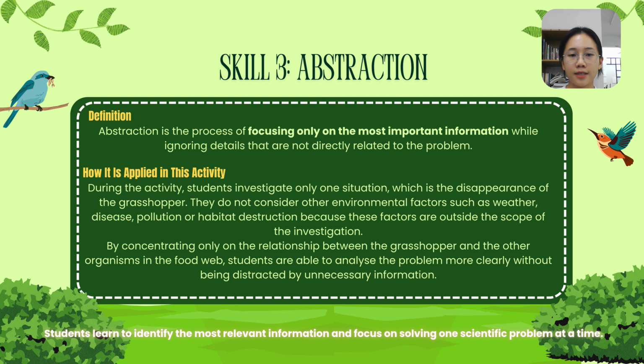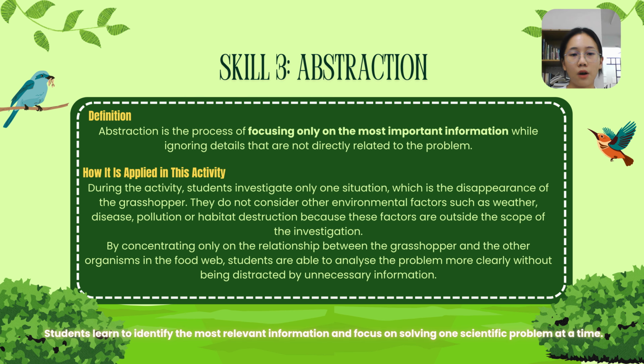By limiting the investigation to one variable, the students are able to concentrate on understanding the relationship between the grasshopper and the other organisms in the food web. This approach makes the problem much simpler and easier to analyze.